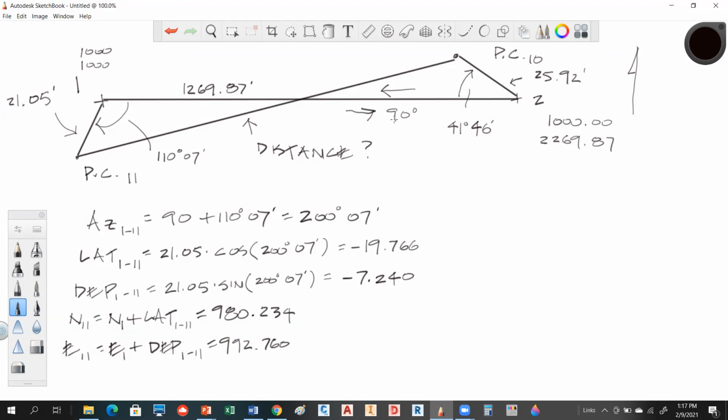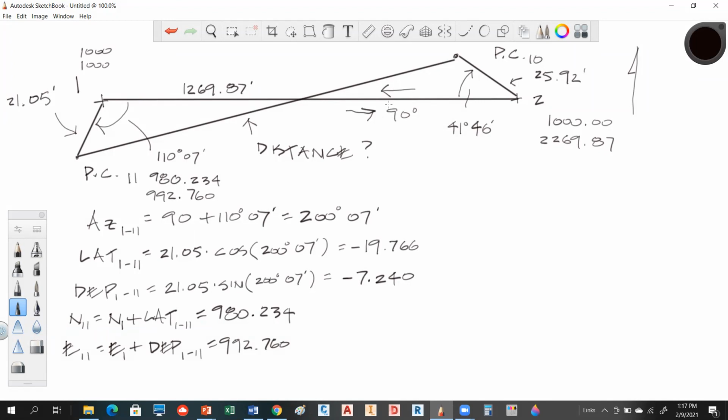Flip the azimuth. How do we flip an azimuth by 180?